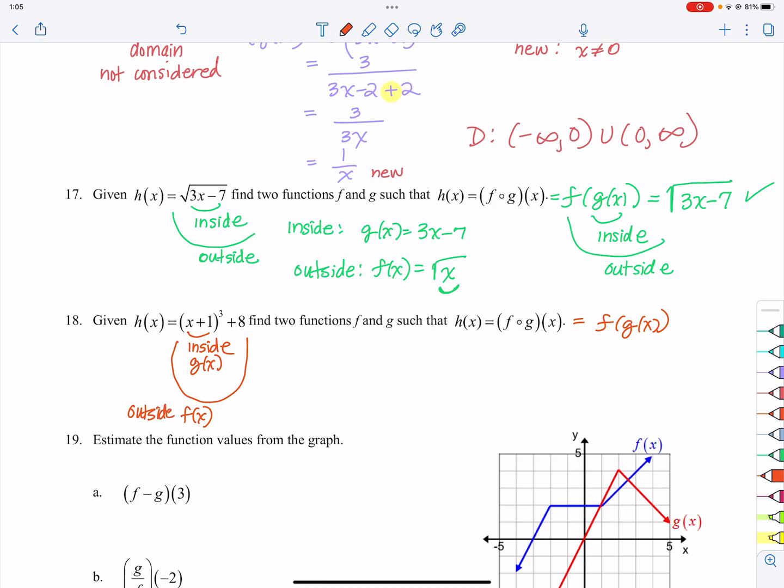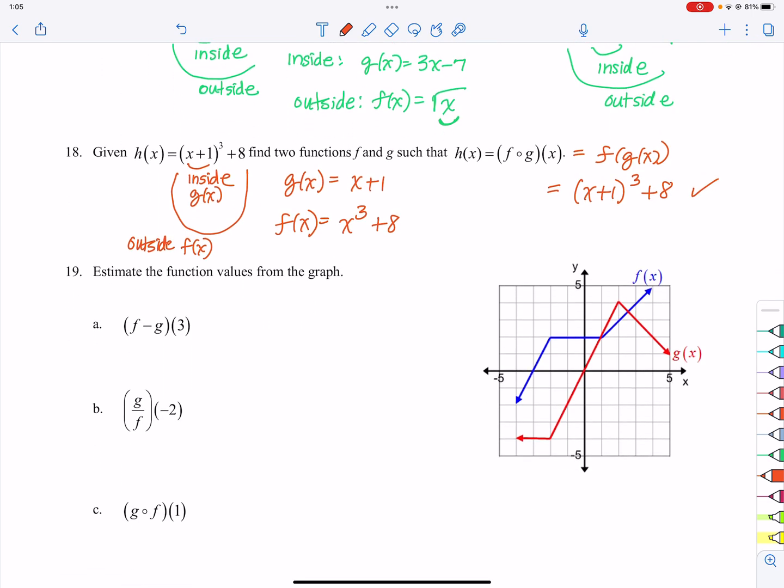So let's go ahead and define g of x is x plus 1, and that outside function is going to take that input and cube it, and then add 8 to it. So this is now f of g of x is x plus 1 all cubed plus 8.